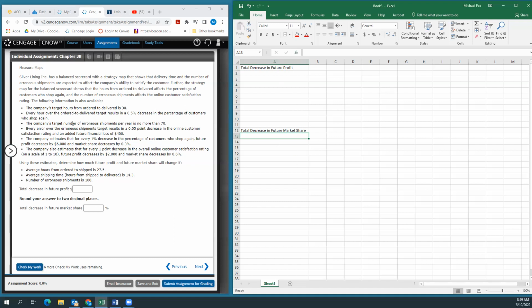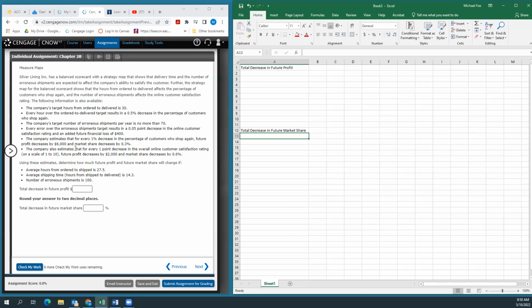Then the company's target number of erroneous shipments is no more than 70, and every erroneous shipment results in a 0.05 point decrease in customer satisfaction. Again, not here, so we're going to have to do another layer. And an added financial loss of $400. And then the company estimates that for every 1% decrease in the percentage of customers who shop again, future profit decreases by 6,000. Market share decreases by 0.3, so that's more direct.